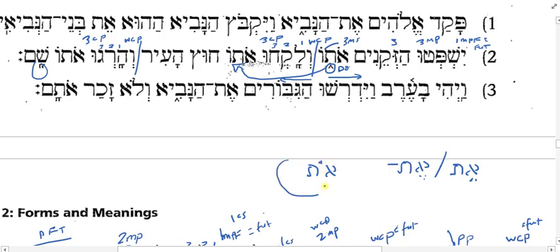Okay? And then I'm going to add my pronoun to the tav. Or it's going to become et if I have kem and ken. So those are the two ways I'm going to see it. Now the et kem is identifiable.